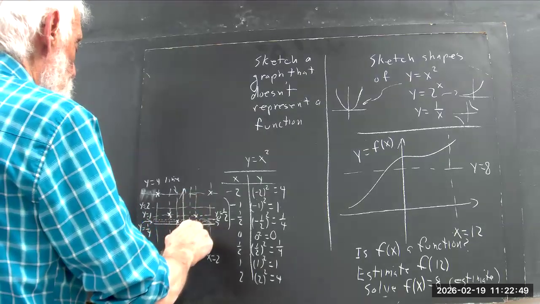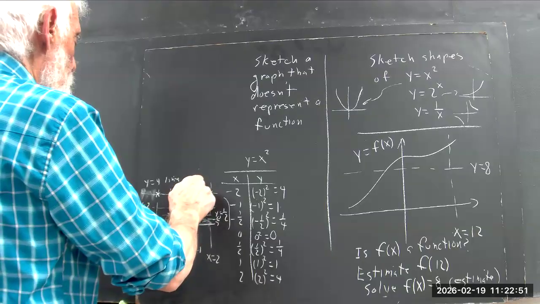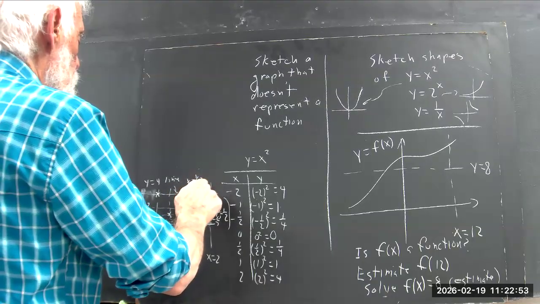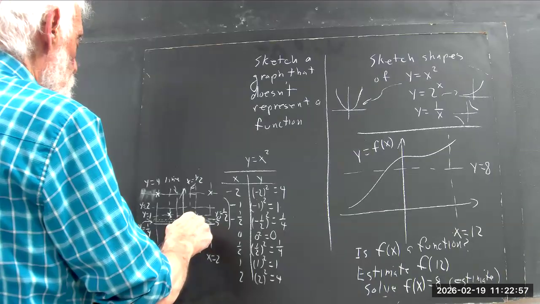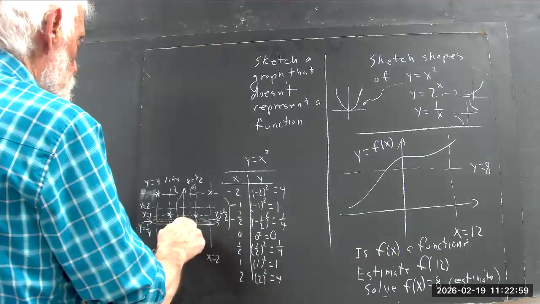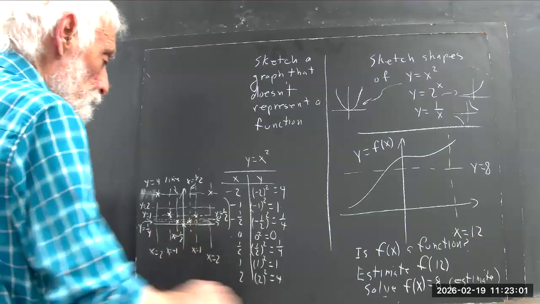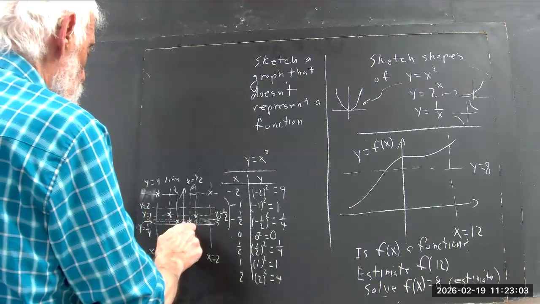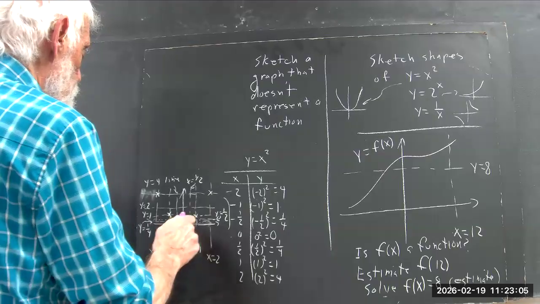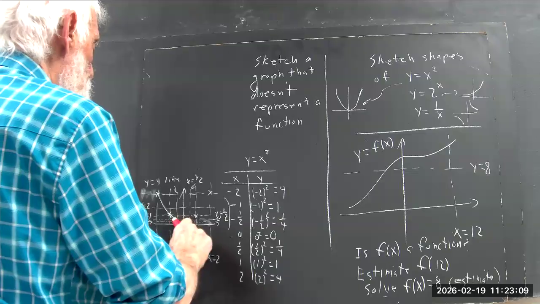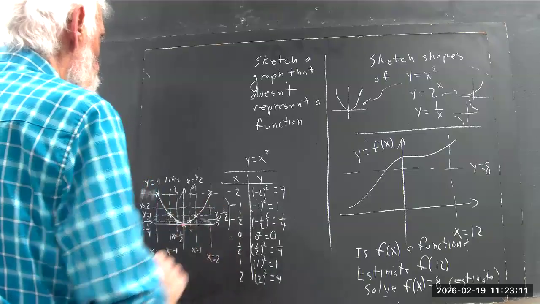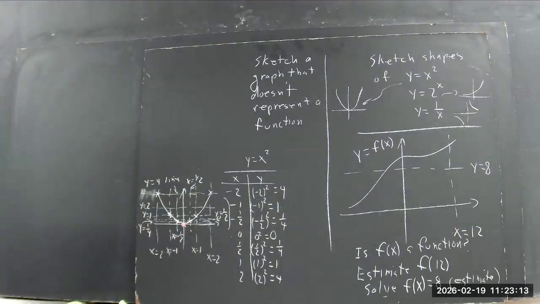When x equals 1/2, which is this line, we get y equals 1/4. And of course, when x equals 0, we get y equals 0. I usually like to put a red dot there. That's called the vertex of the parabola, the vertex of our graph. So there's a picture of y equals x squared.